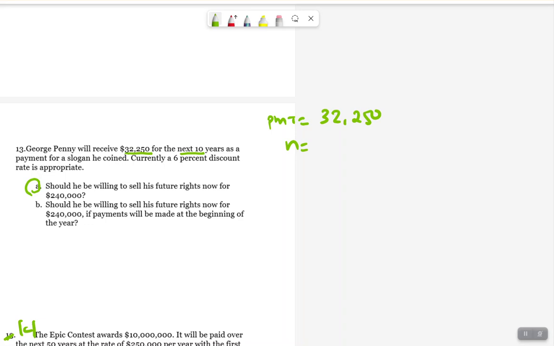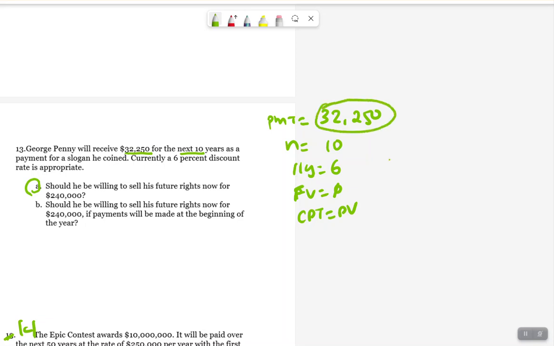Your N is equal to 10. Your I/Y is equal to 6. Your future value at this point is 0. And you're going to compute your present value, because you want to compare it. Somebody's giving you 240,000. Should you take that, or should you take it in a series of payments?